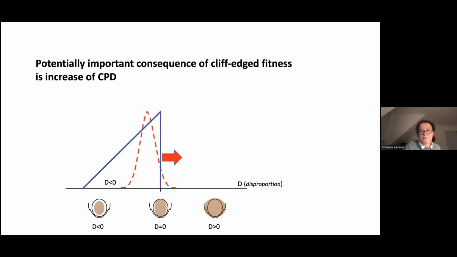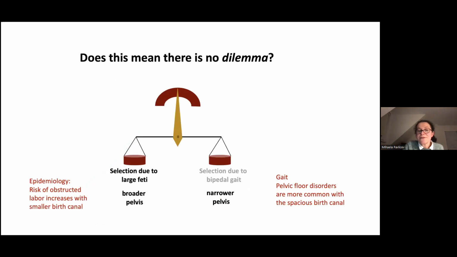All right. So I think there have been a lot of suggestions lately that maybe there is no dilemma. I think that showing that not everything that Washburn said still holds doesn't mean that there is no dilemma, but that we just need to look at all the factors that play into human obstetrics, and see what the consequences of those are and what kind of selections are actually acting.